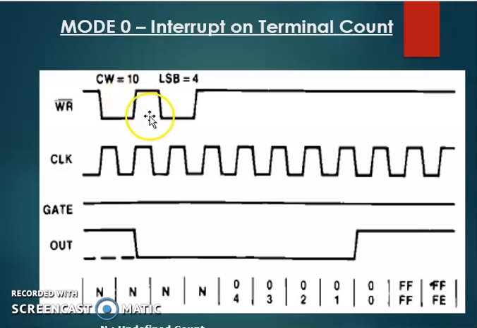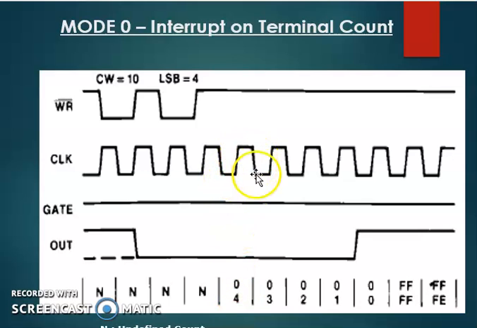For example, here the count value is loaded on this clock cycle. A control word register value is loaded and then the count value is loaded. Once the count value is loaded, on the next falling edge of the clock, it will start counting. So here the value of 4 is taken into the counter.